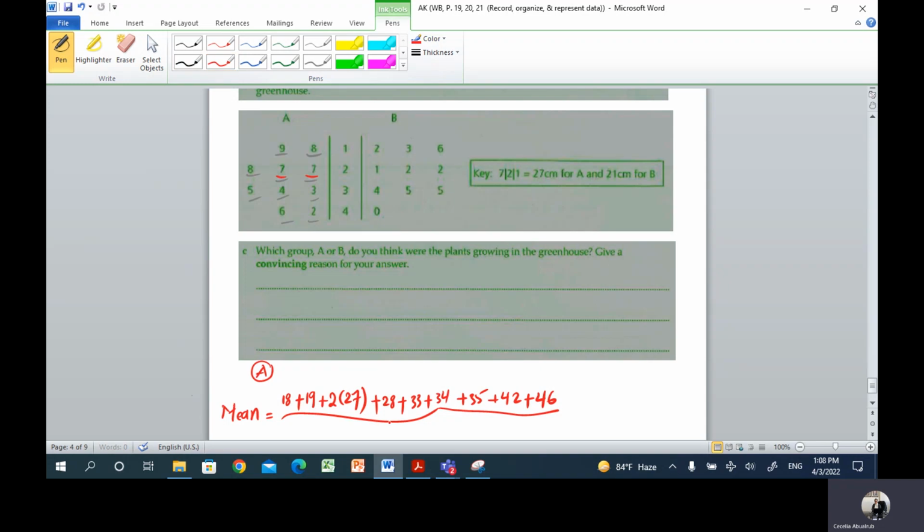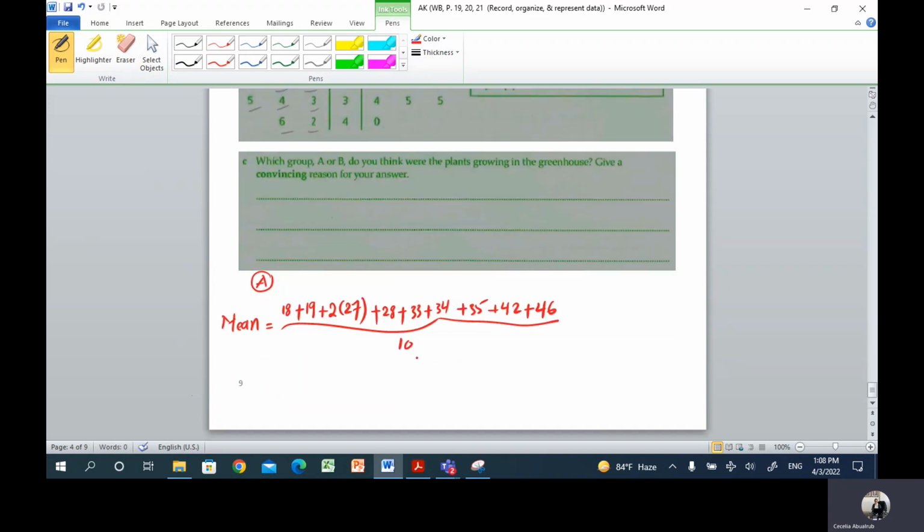So all divided by 10. You insert this in the calculator and you find the mean.